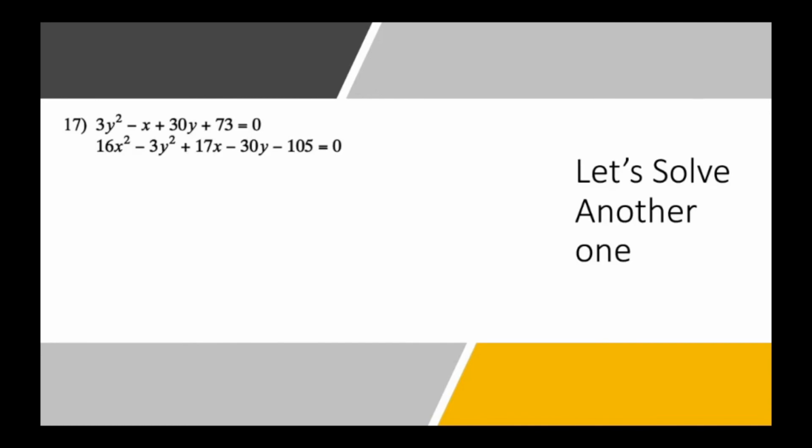So I'm going to just rewrite this one underneath its like terms. Let's make this go under the 3y squared. This one goes under the 17x. This one goes under the 30y. And this one goes under the 105.